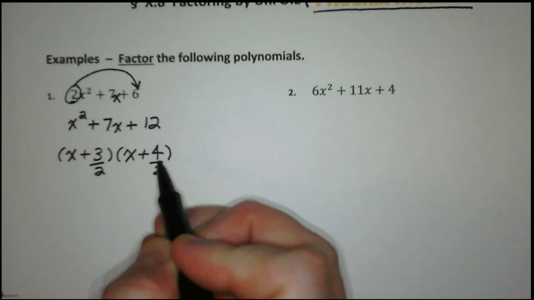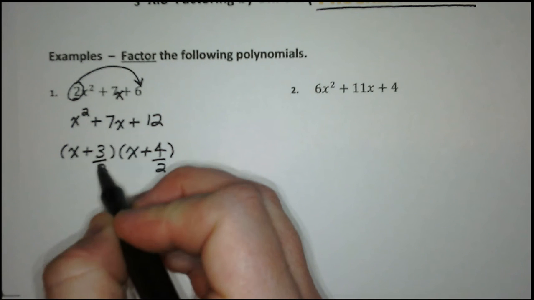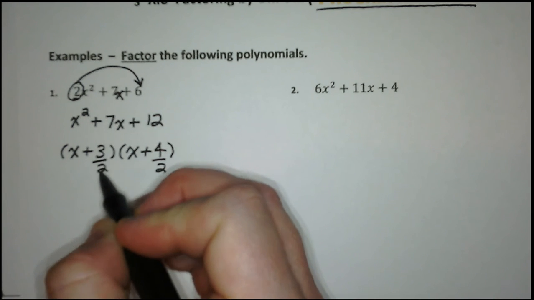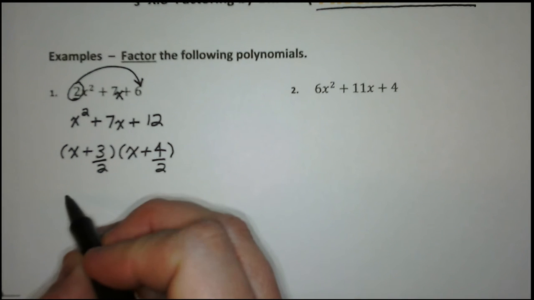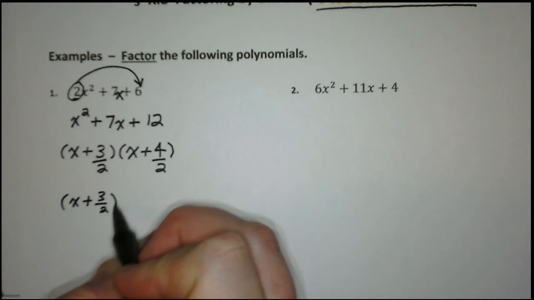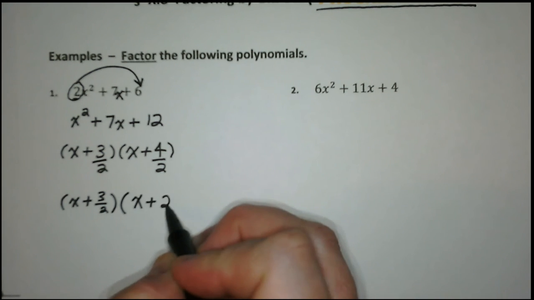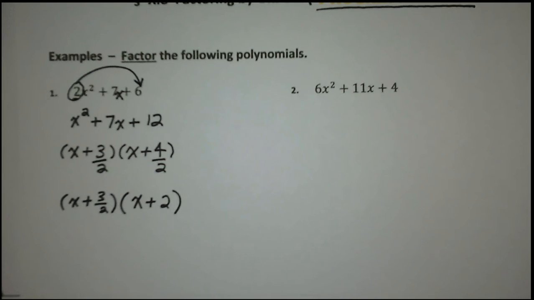We're going to take these two fractions we now have. We are going to reduce them if we can. So this one does not reduce, 3 over 2 does not reduce, but 4 over 2 pretty much is 2 over 1, which is just 2. That divides cleanly. Okay?